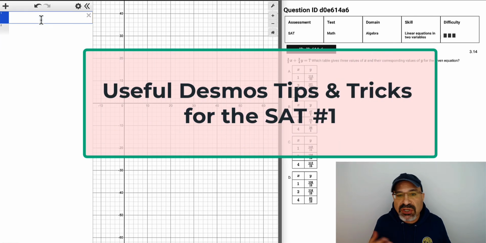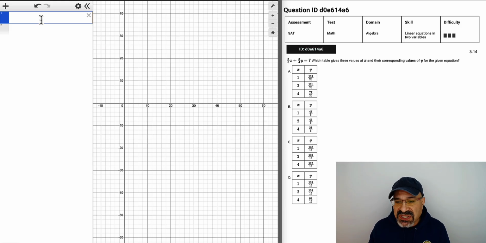Just thought I would showcase some of the vast power of Desmos you have at your fingertips when you're taking the SAT by demonstrating how to do a couple of different SAT problems. So as we can see here, we have a difficult SAT problem, and we also have Desmos open in another window.